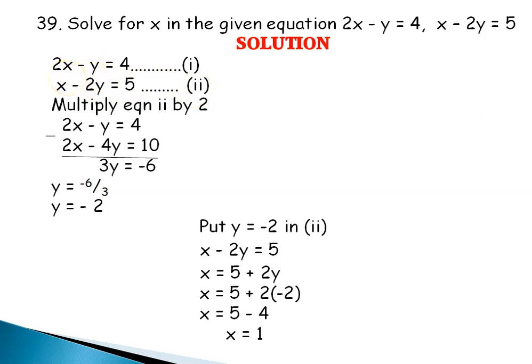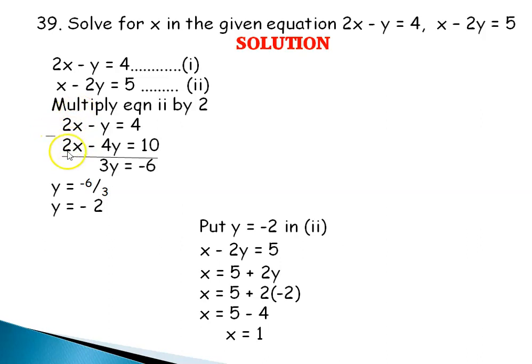Okay, before I can eliminate any of this, the coefficient of either x or y has to be the same. So let me make the coefficient of x the same by multiplying equation 2 by 2. So my equation 1 remains as it is. 2x minus y is equal to 4. Then I multiply this by 2. 2 times x, 2x. 2 times minus 2y, minus 4y. 2 times 5, 10. Then I introduce my subtraction, isn't it? 2x minus 2x, 0.